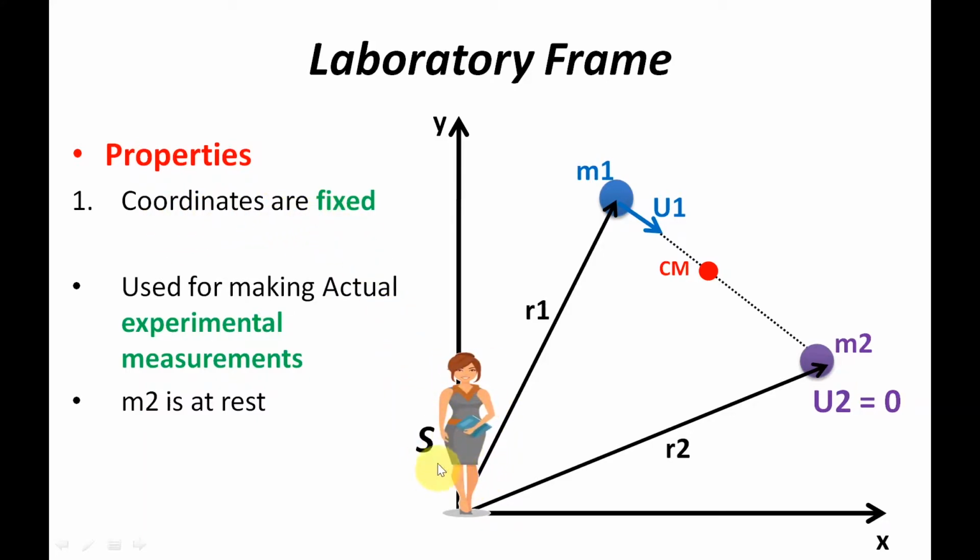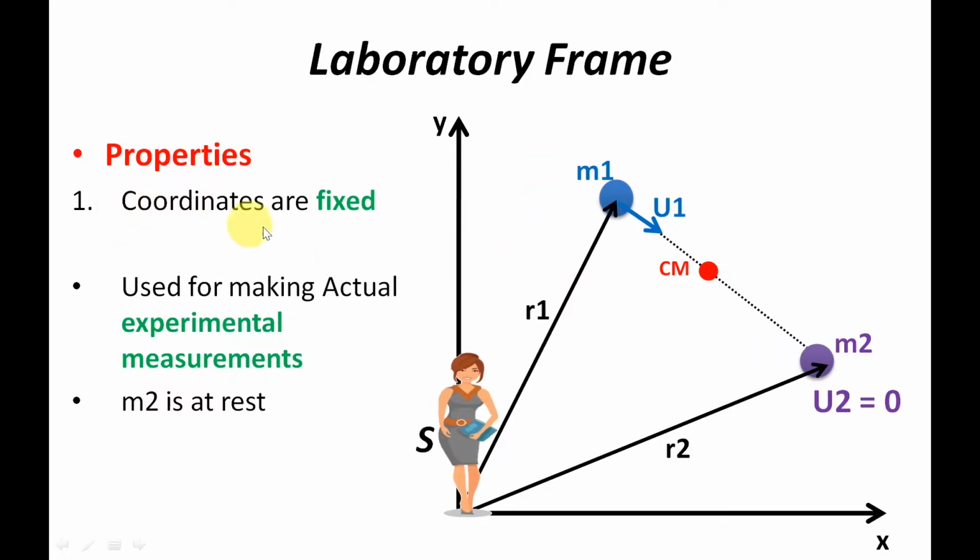So for this lady to be a valid observer for the laboratory frame of reference, she should be standing in a particular position, and that's enough for us to consider her the observer of the laboratory frame of reference, provided she does not move during the whole event. She should be stationary during the whole event. Once the whole event is over and all the measurements are taken, then she can move. But she should not move during the whole collision process or during the whole event. So that is the only condition of the laboratory frame of reference.